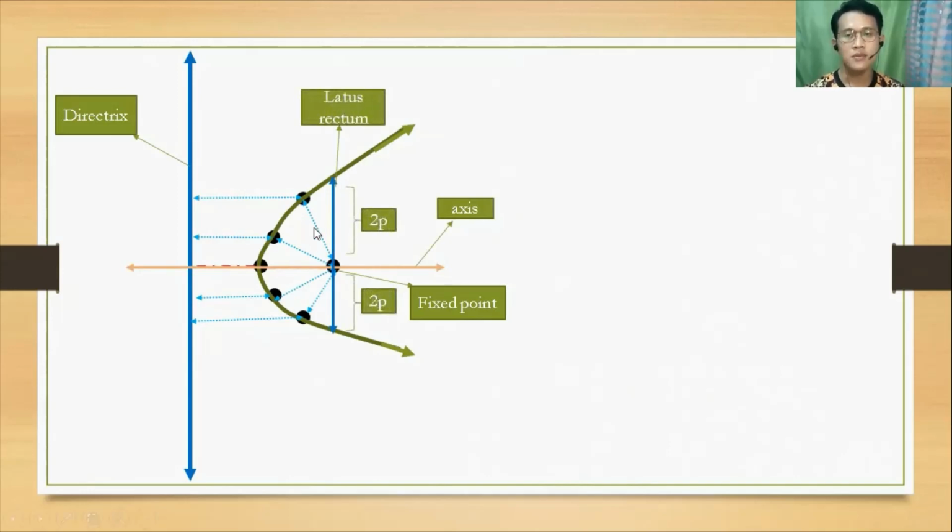So basically, from the definition, the length of our latus rectum is basically 4p, and from the focus or the fixed point going to an endpoint, which is this point here, that is basically measured as 2p. So when you add them, 2p plus 2p, that's 4p, and that really satisfies the definition where R1 and R2 are the endpoints of the latus rectum.